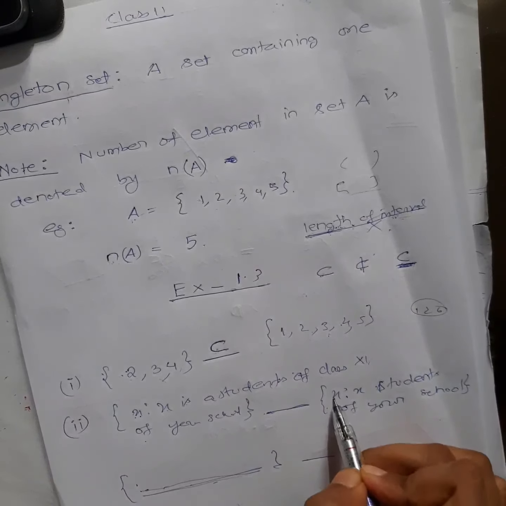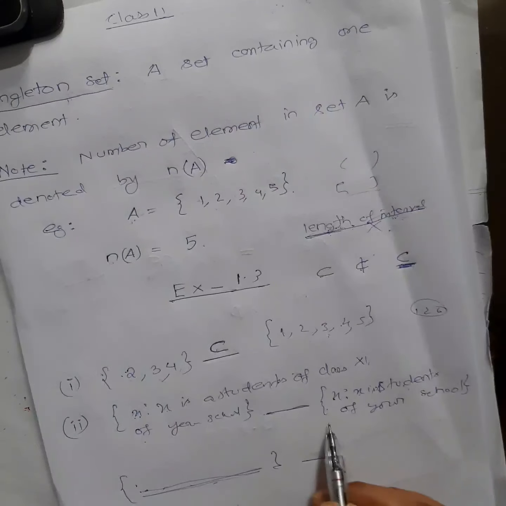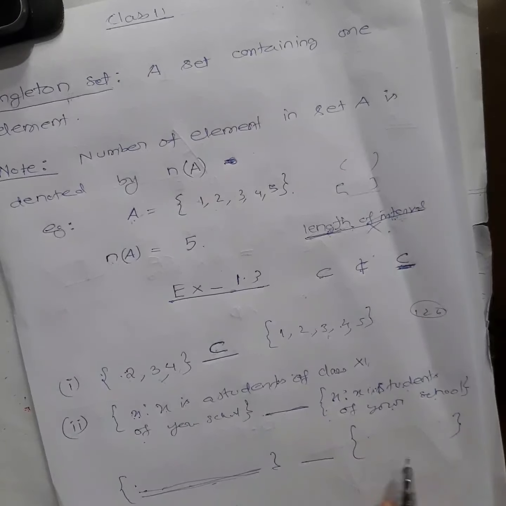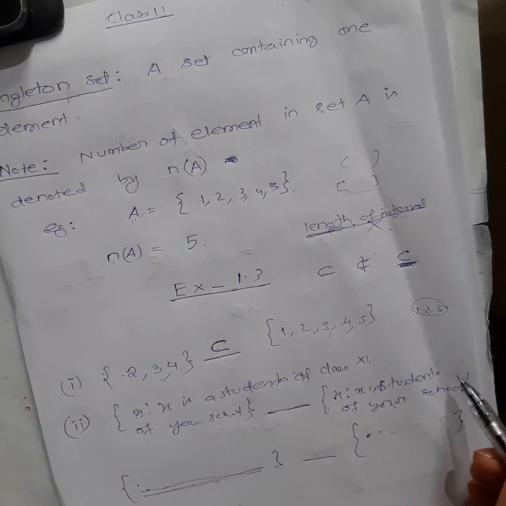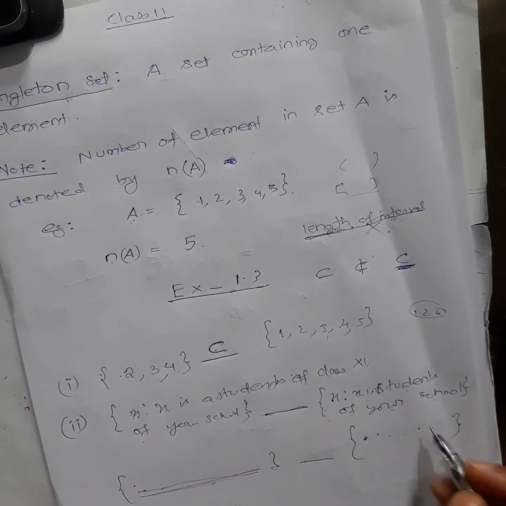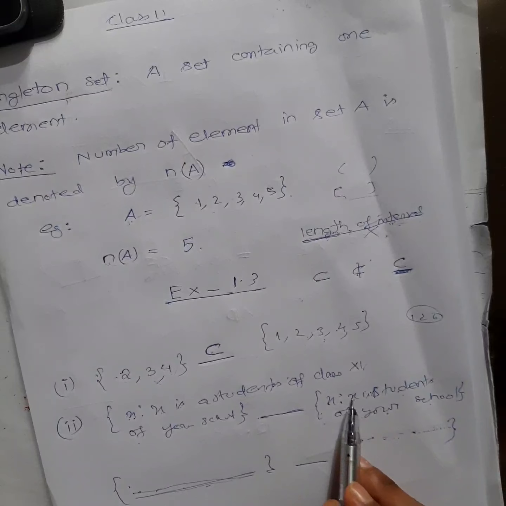Now what is this one? X is a student of your school. So in your second set, what will be the element? Here class 11 students will be there, and the rest of the students in the school, that is nursery to class 12, whatever number of students are there, all students will be in this set, because it is a set of what?